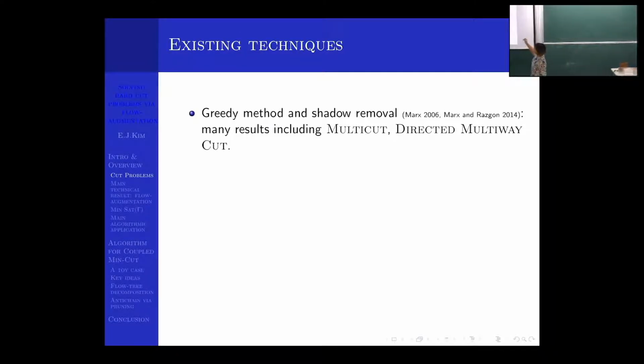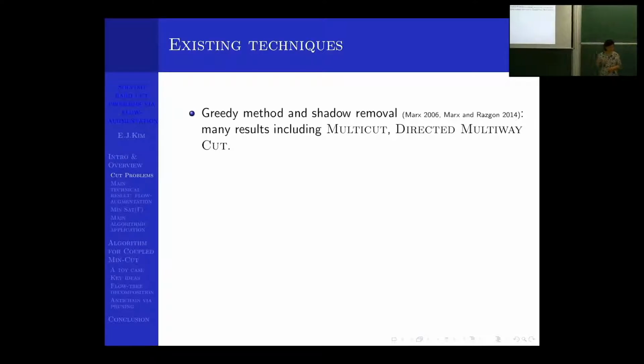This method was introduced earlier, and later Marx and Razgon solved the multicut problem using one more technique, which is built on top of this greedy method. It's called shadow removal.